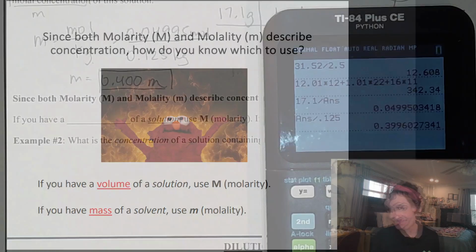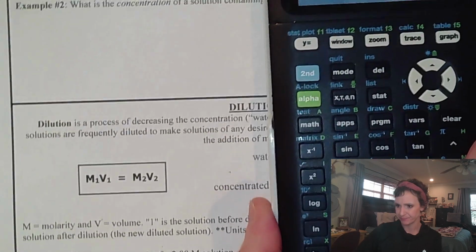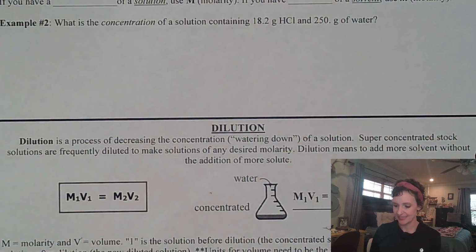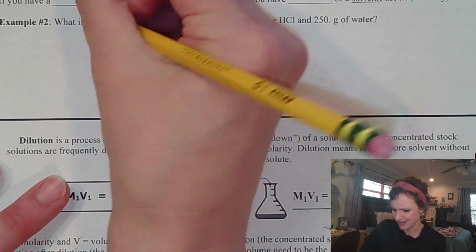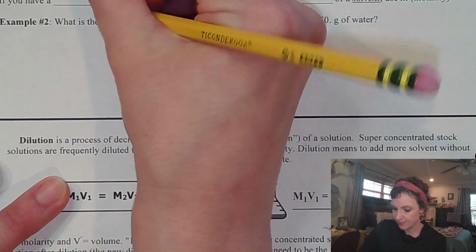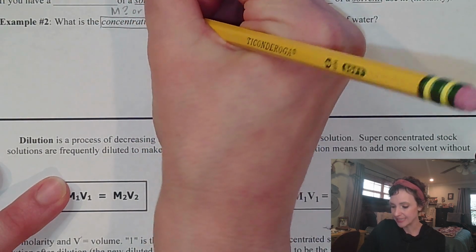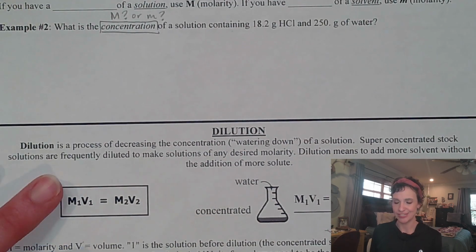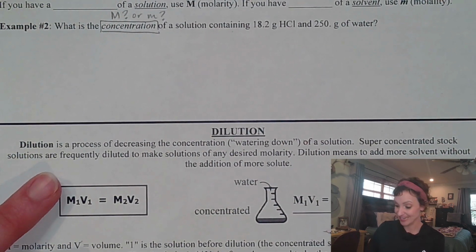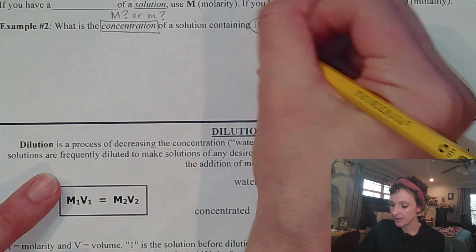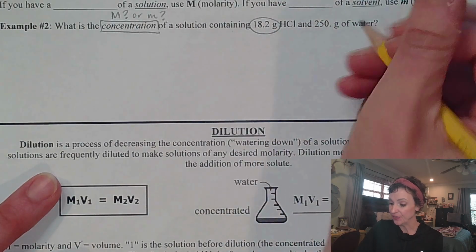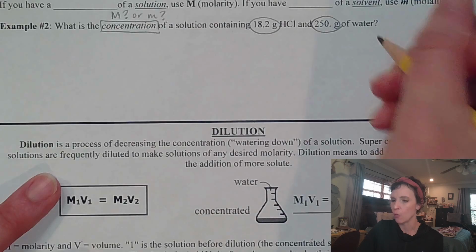So let's see this last little example dealing with this concept. It says, what is the concentration? So that could be M, capital M, or lowercase m, molarity or molality. We're going to have to see what they gave us to figure out what we can solve for. Containing 18.2 grams of hydrochloric acid and 250 grams of water.